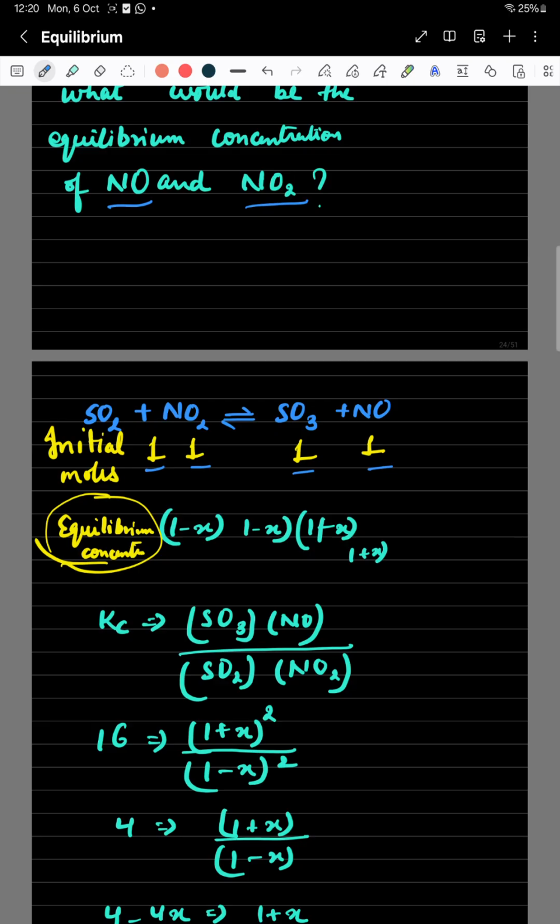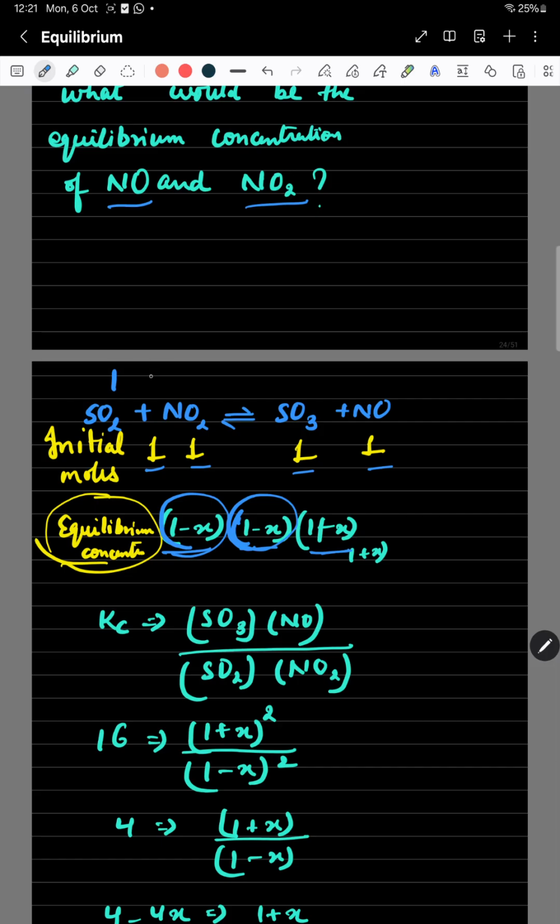At the equilibrium, from 1 mole, some amount will dissociate. Some reactants are reacting and producing the products as well. So some X moles are dissociating, and some amount will be left over: 1 minus X moles of NO2. How much will be formed here?